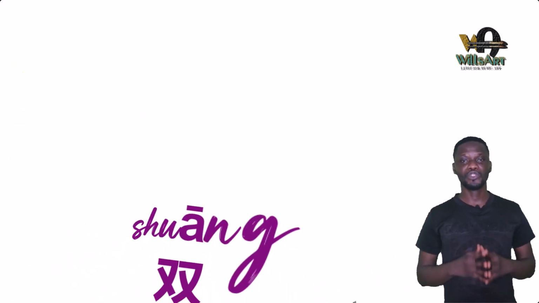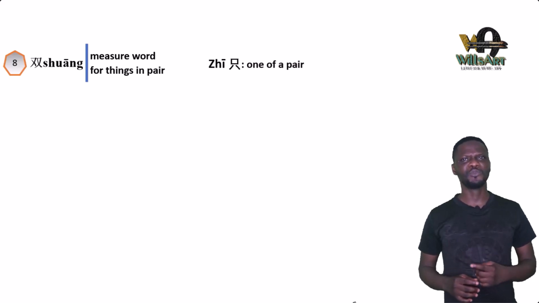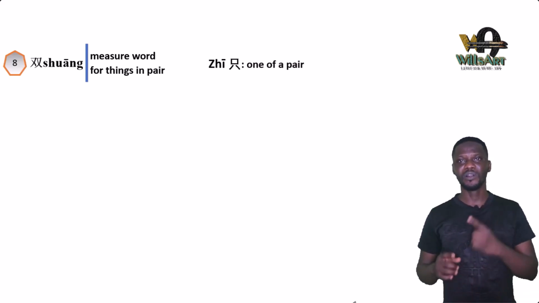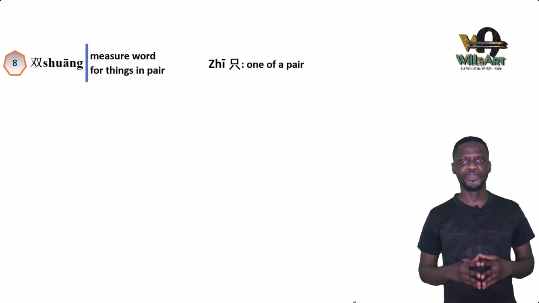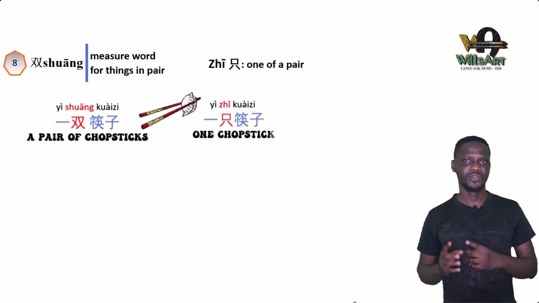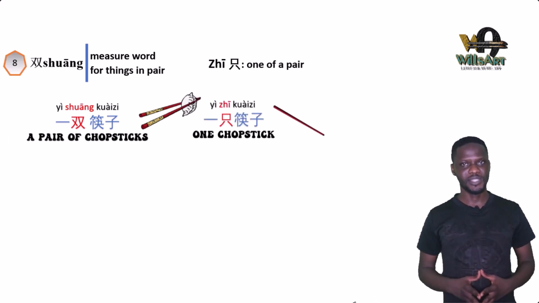The next measure we're looking at is shuāng, which is the measure used for something in pairs. And we also have zhī, the same measure used for animals, but here it is being used for one of the pair. So for example, you have something like 一双筷子, which means a pair of chopsticks. And if you have 一只筷子, it means one chopstick.